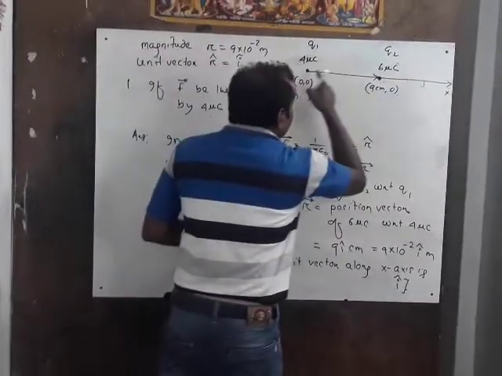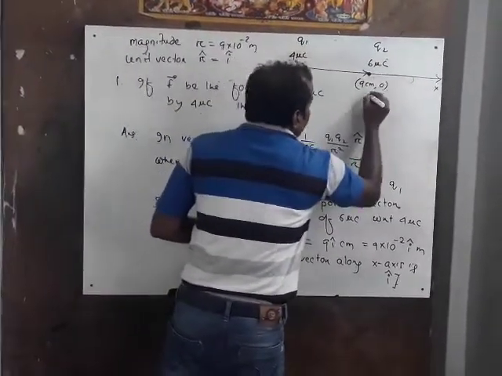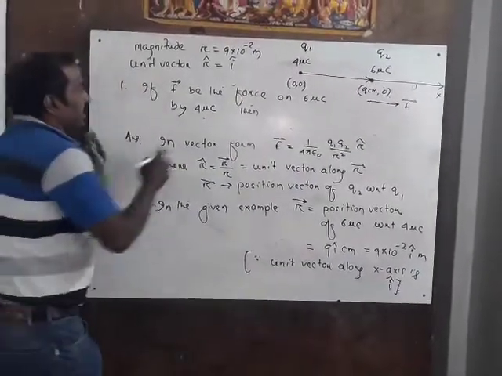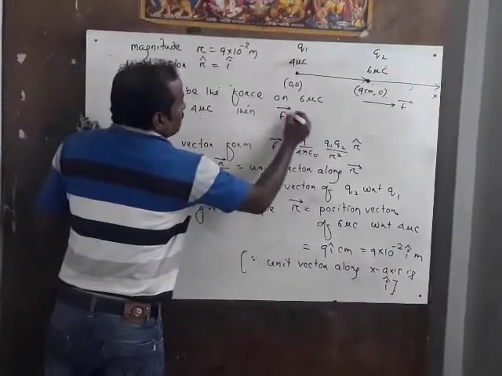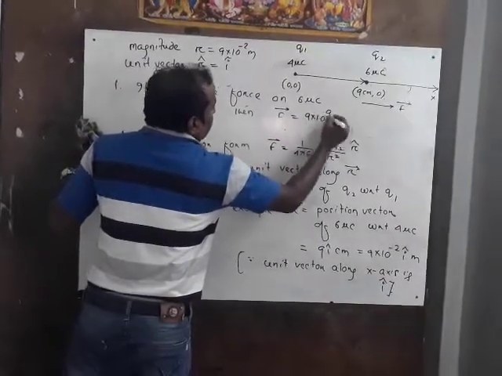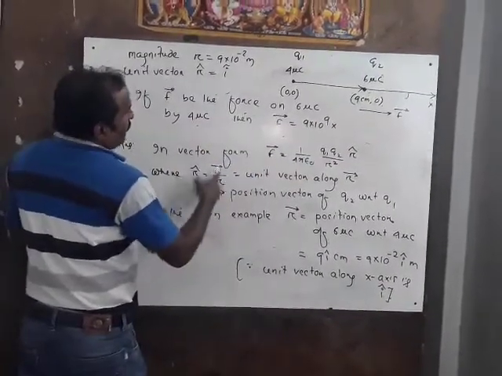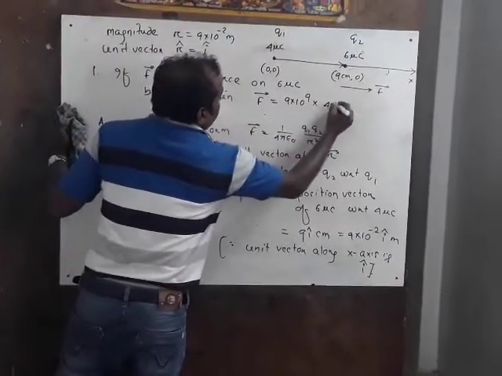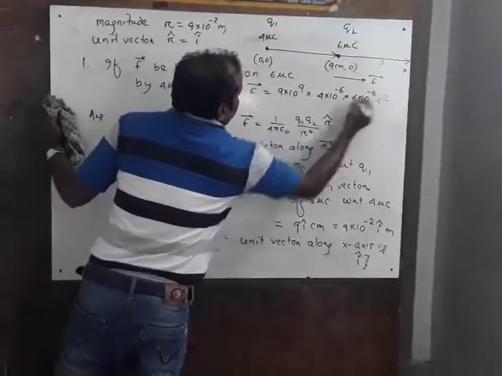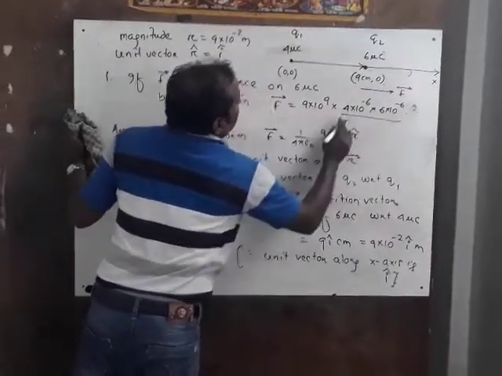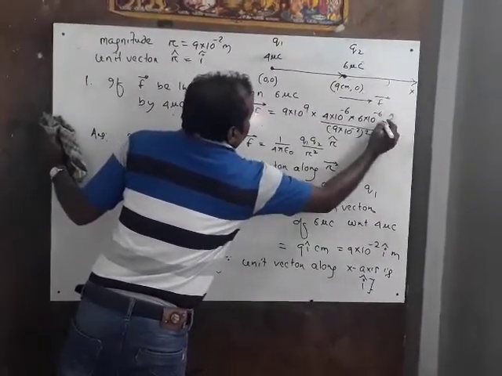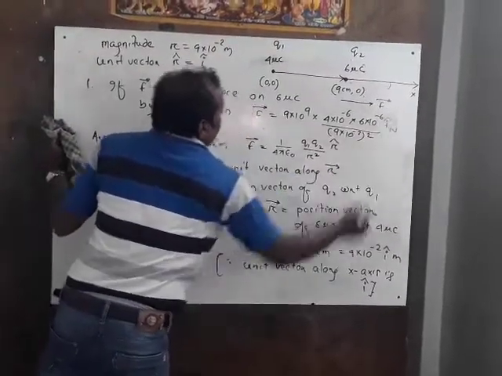Then the force obviously, as both are positive, it will repel. So the force is positive. Okay, so then F equal to, we should write like this, 1 by 4 pi epsilon 0, that means 9 into 10 to the power 9 into 4 into 10 to the power minus 6 coulomb into 6 into 10 to the power minus 6 coulomb, by 9 into 10 to the power minus 2 whole square Newton, and the direction is like this, i.